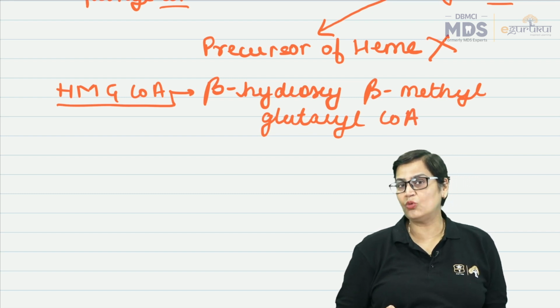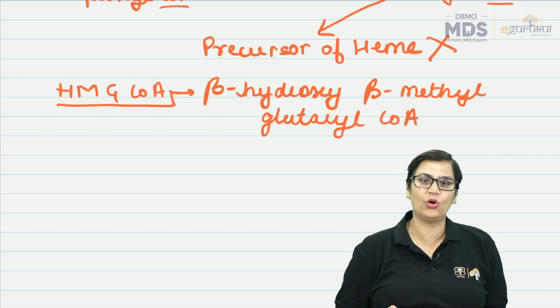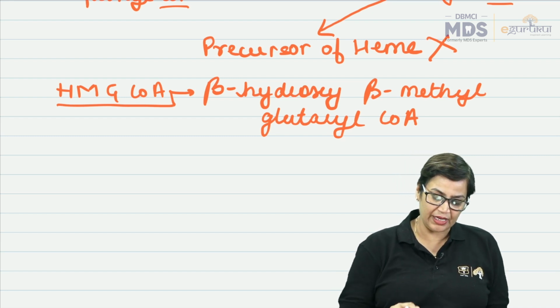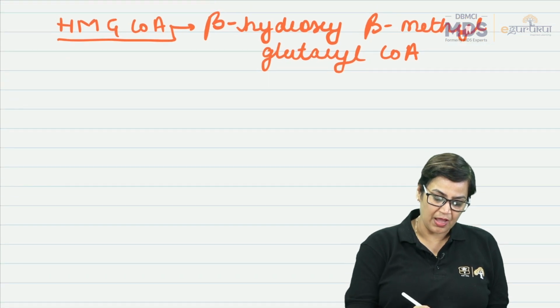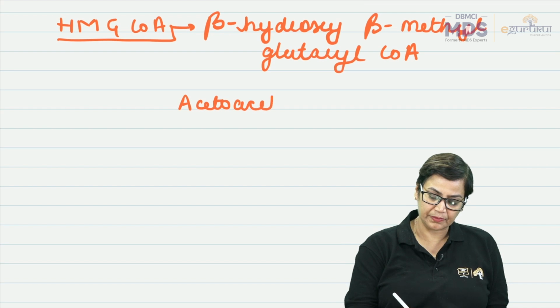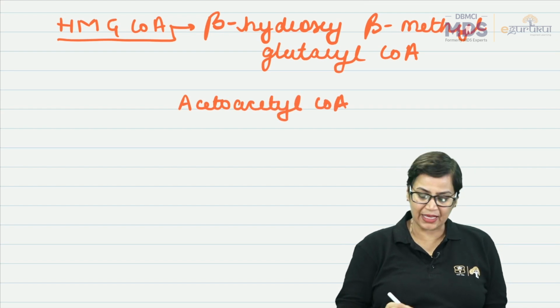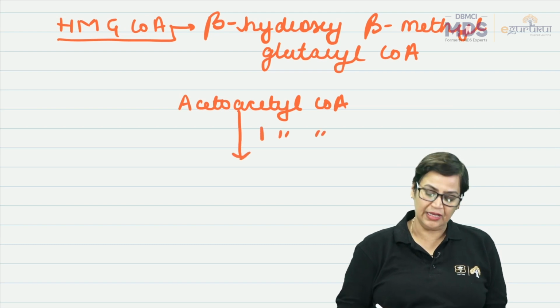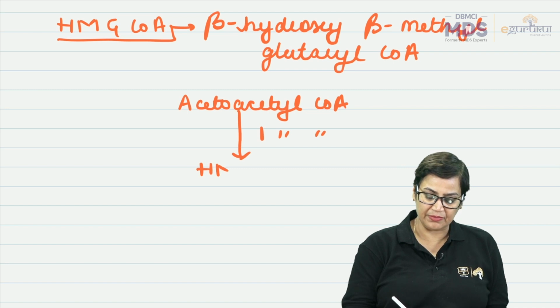This is the most important intermediate of ketogenesis plus cholesterol biosynthesis, if you remember. And this HMG-CoA is produced when two molecules of acetyl coenzyme A combine with one more molecule of acetyl CoA. So it forms this HMG-CoA.